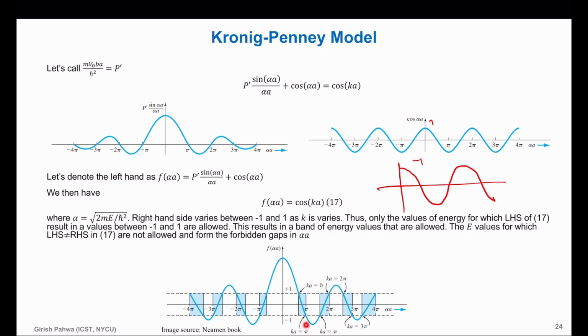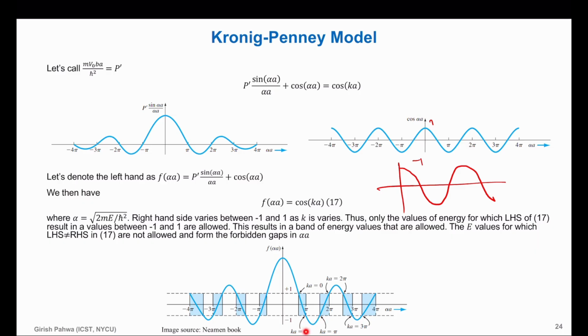Correct? And all of these energy values are allowed. When k varies from 0 to pi, energy is going to vary from some value to some other value. This portion is outside, so this is not allowed.